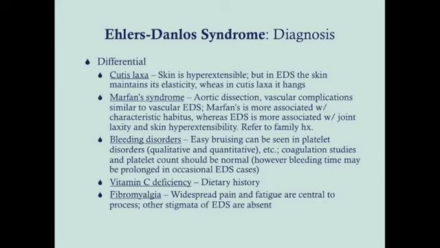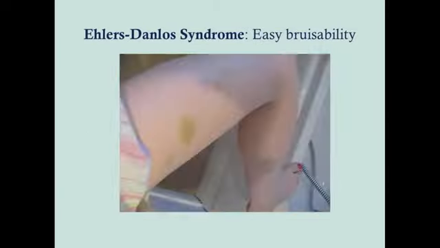The differential for EDS includes cutis laxa. So cutis laxa is sort of where you have the sagging skin, which can look like hyperextensible skin, but in cutis laxa, the skin is just saggy. It's hyperextensible, but the difference is in EDS, the skin maintains its elasticity. So when you pull the skin down in EDS, let's go back to that picture.